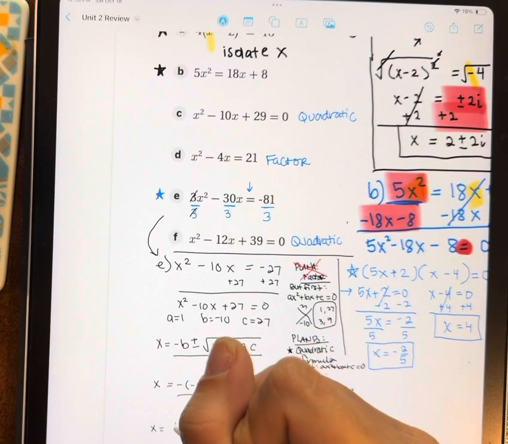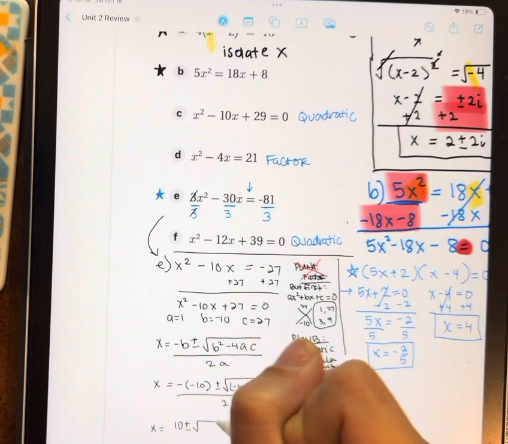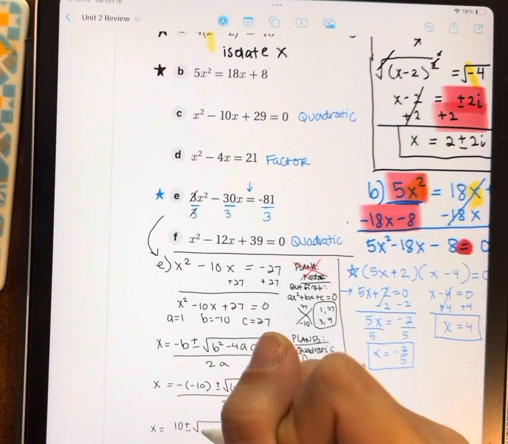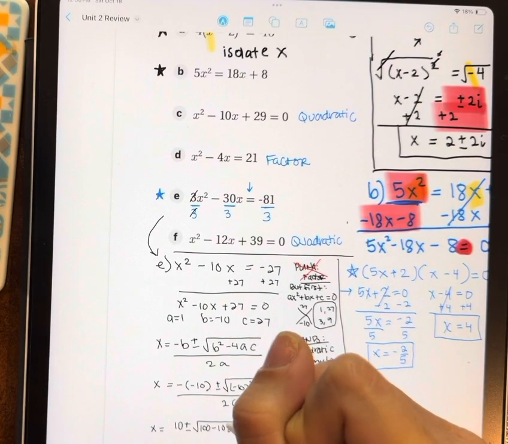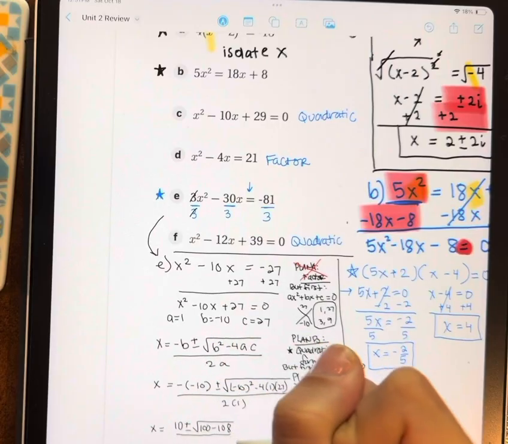So negative negative 10 is 10. Negative 10 squared is 100. 4 times 1 is 4. And 4 times 27 is 8, carry the 2, 108. Divided by 2.